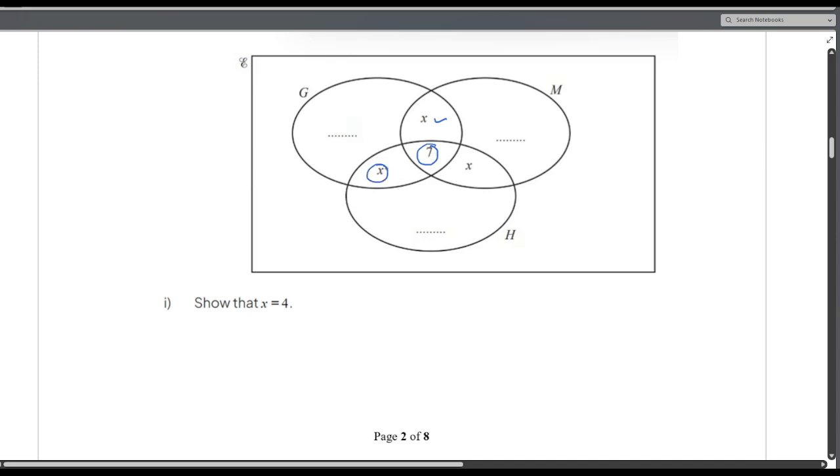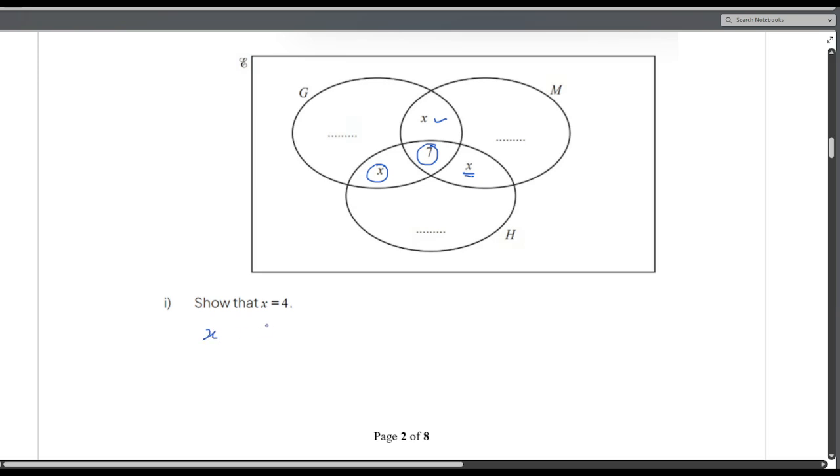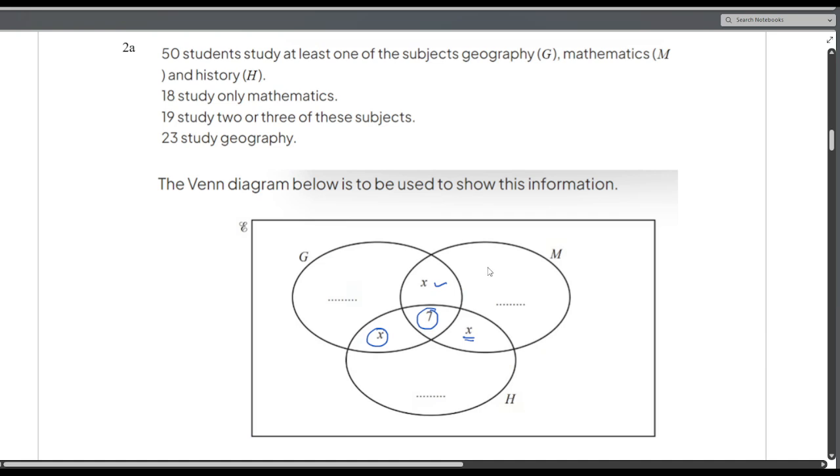This x represents that they are studying geography and history, and this x represents they are studying mathematics and history. So the number of students who study two or three subjects will be x plus 7 plus x plus x, and this number according to the problem is 19.